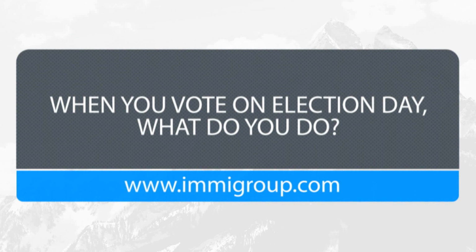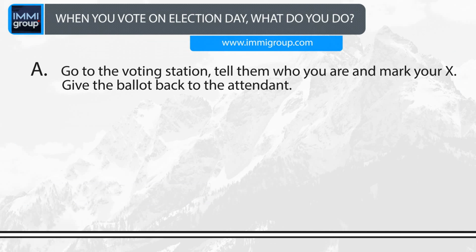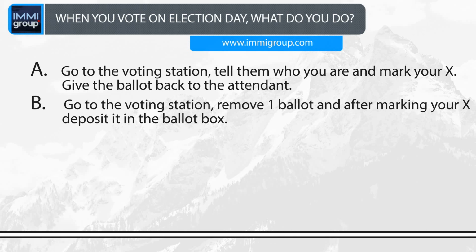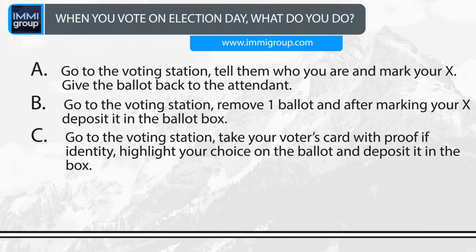When you vote on election day, what do you do? A. Go to the voting station, tell them who you are, and mark your X. Give the ballot back to the attendant. B. Go to the voting station, remove one ballot, and after marking your X, deposit it in the ballot box. C. Go to the voting station, take your voter's card with proof of identity, highlight your choice on the ballot, and deposit it in the box.